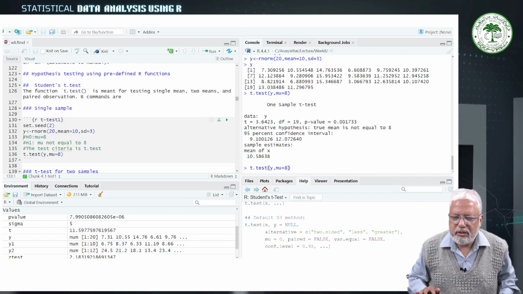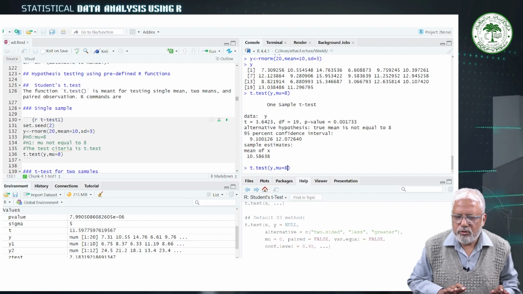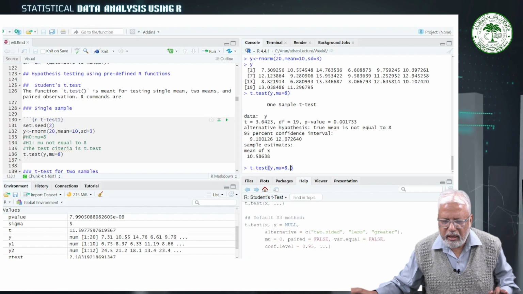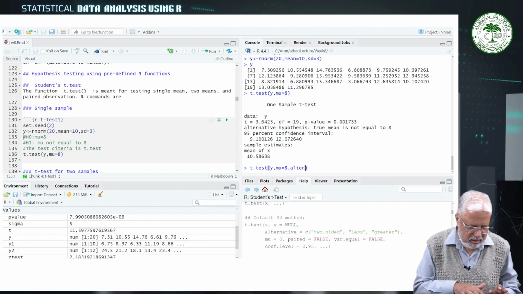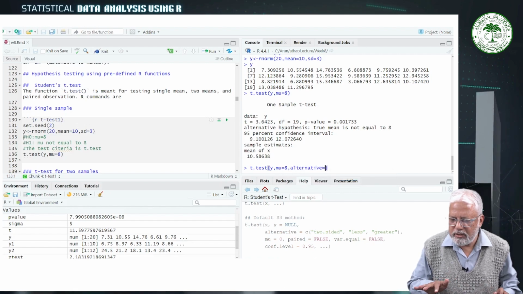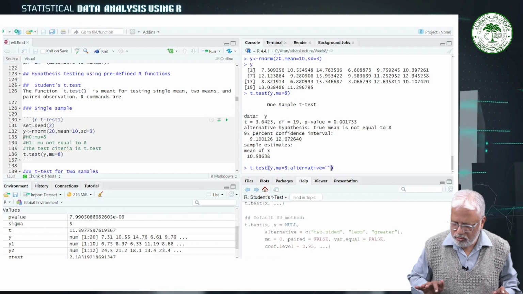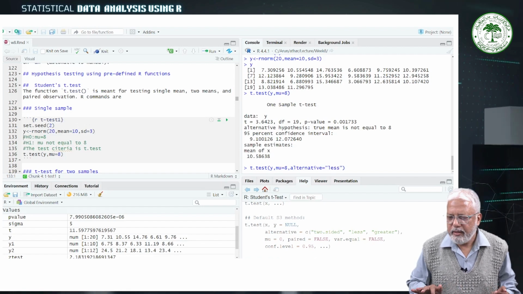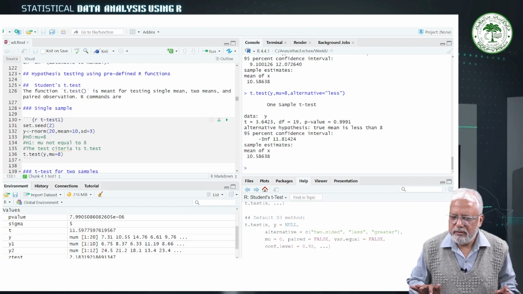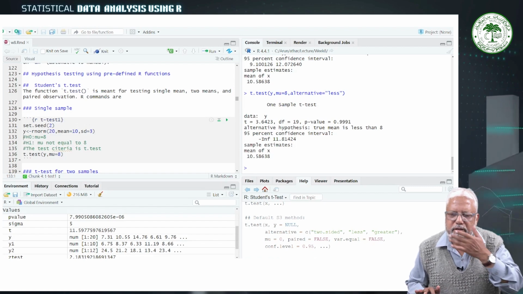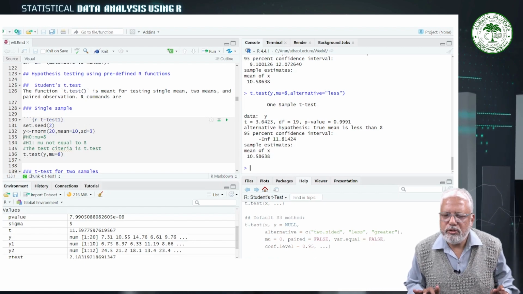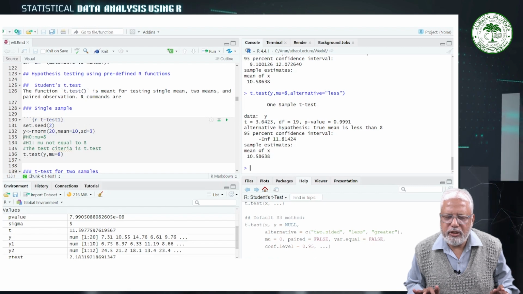If we want to test less, the argument is alternative equal to, by default it is two-sided. Suppose we want to keep less, then what is the result? The p value is 0.991, so that means it is not being rejected.